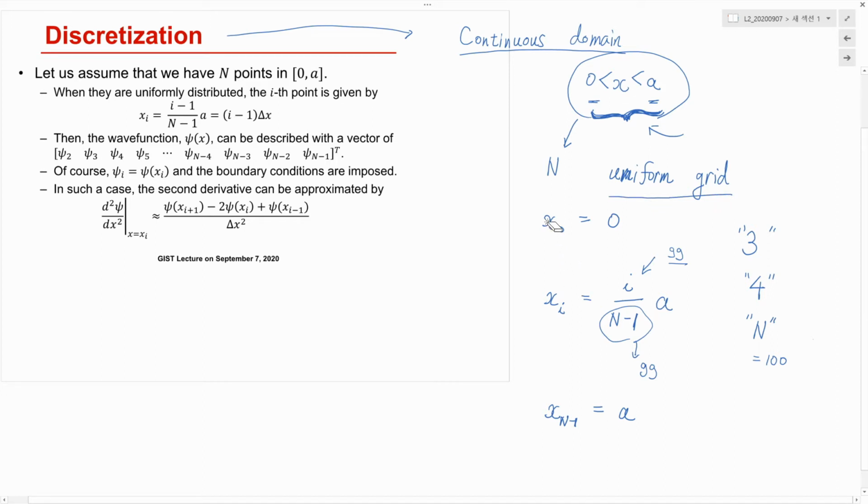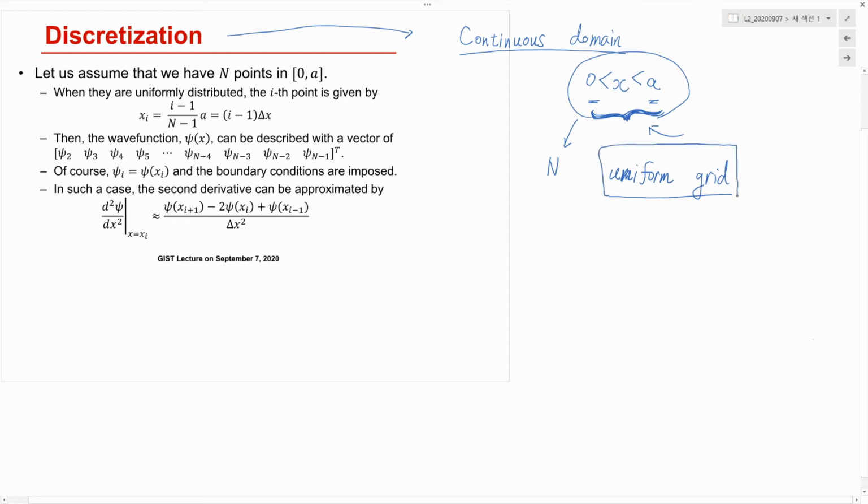Of course, later we can easily generalize it to a non-uniform grid. The non-uniform grid is particularly important if we want to have a practical simulation. However, for educational purposes, it is good enough to just work with a uniform grid.